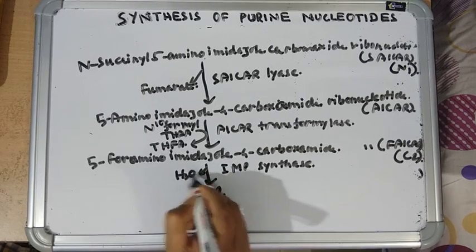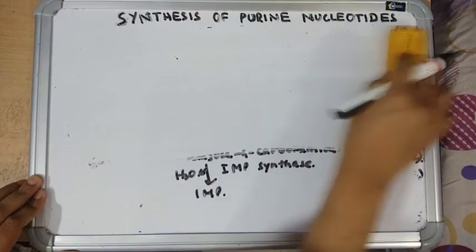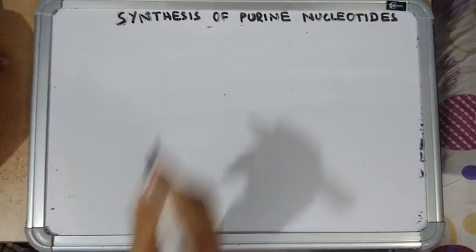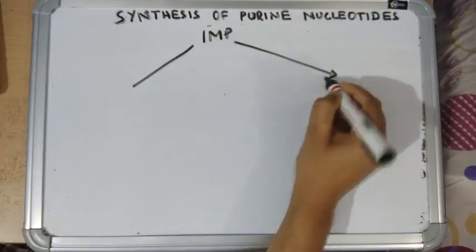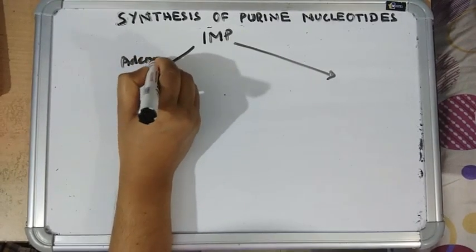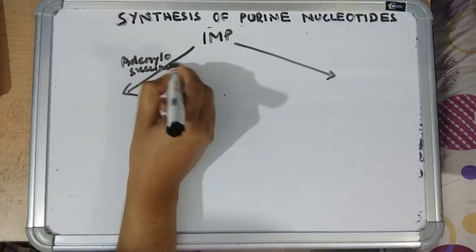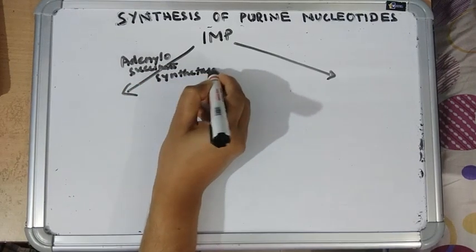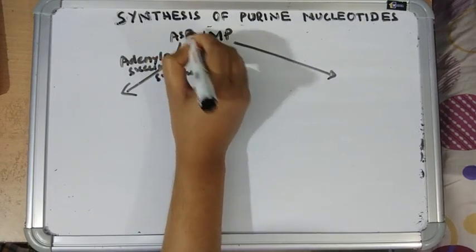Water is eliminated. So this is the first purine nucleotide which is formed, and from IMP we get AMP and GMP. IMP is acted upon by the enzyme adenylosuccinate synthetase when it combines with aspartate.